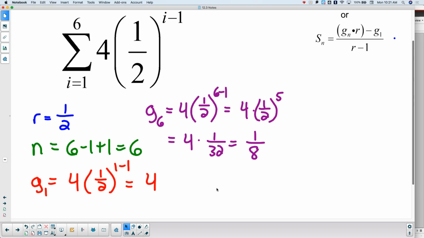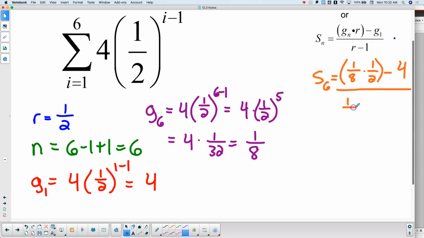Okay. So if I'm utilizing that formula, the sum of the first 6 terms is equal to my last term times my R minus my first term, all over 1/2 minus 1.